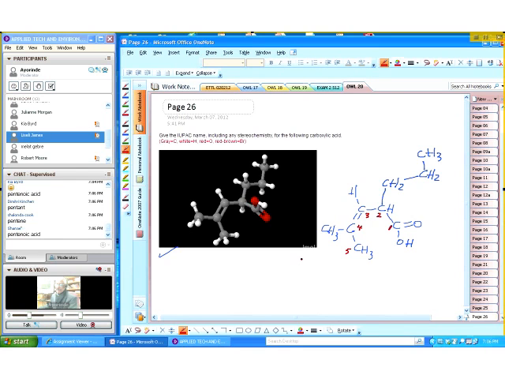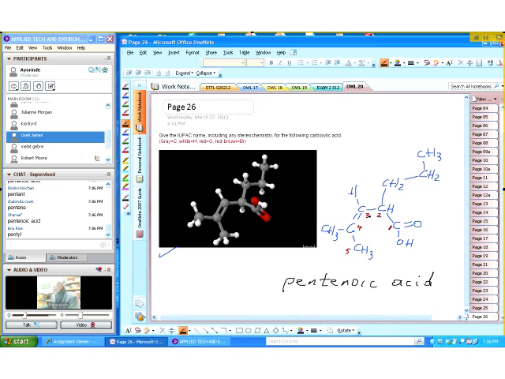Okay, pentanoic acid. Excellent. Very good. So that would be the base name. So we have pentanoic acid, because the longest carbon chain is 5.